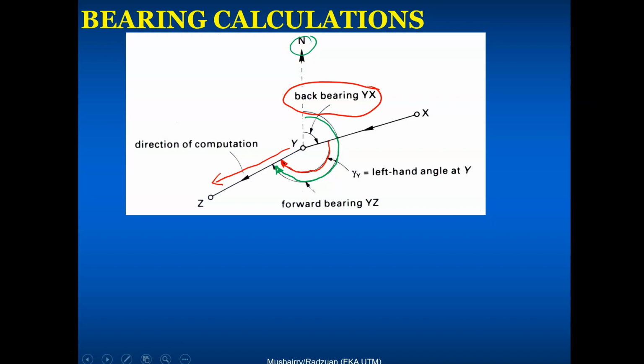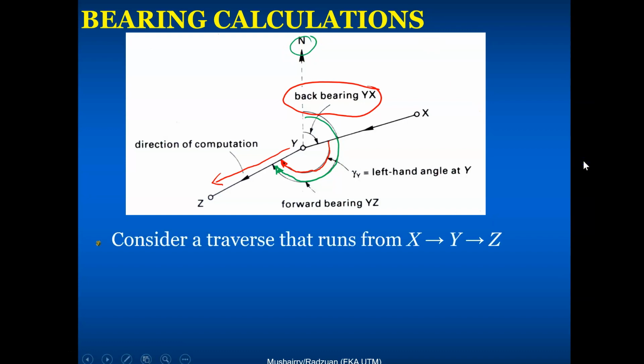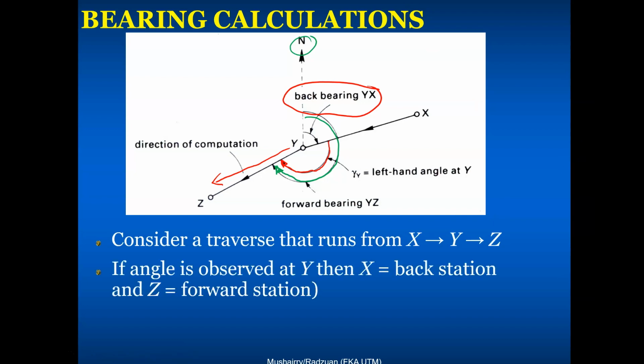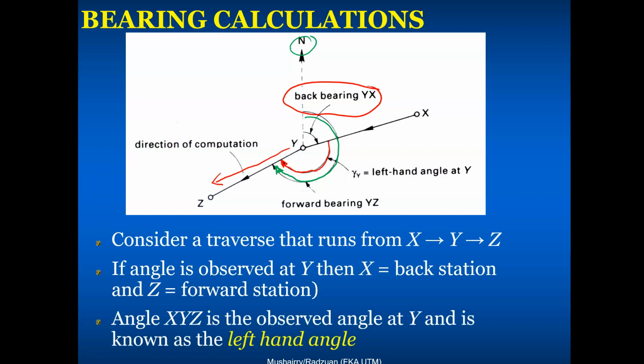So how do we calculate that? It's quite straightforward. The forward bearing is given by the back bearing plus the left-hand angle.